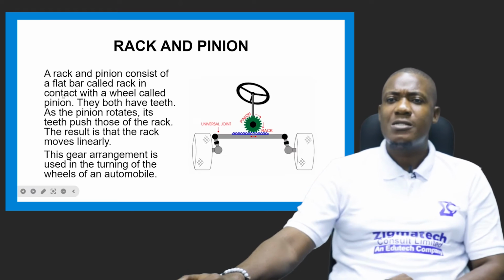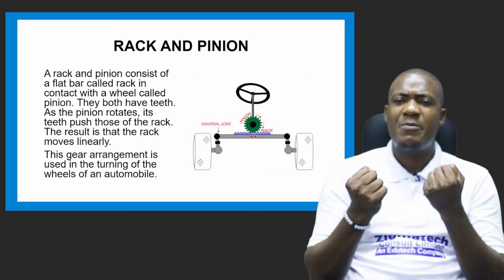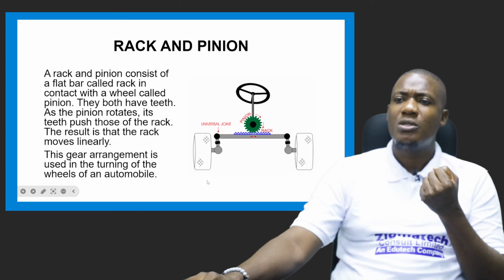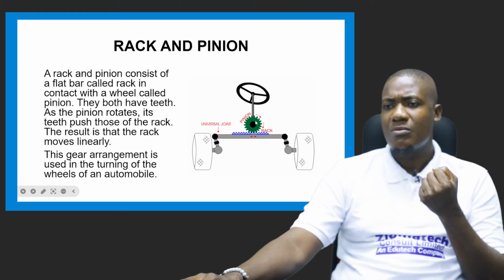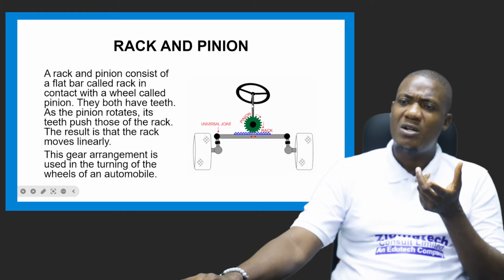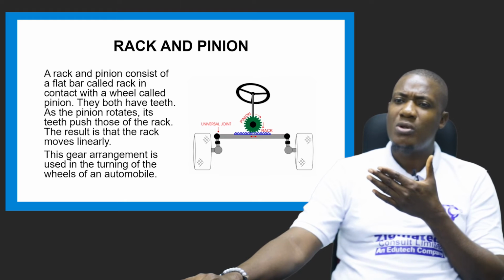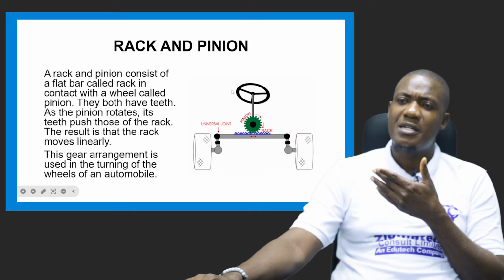So let's look at the rack and pinion. For example, in the steering rack, we have the pinion here and this is the rack. A driver who wishes to turn his vehicle to the left will have to turn the steering.